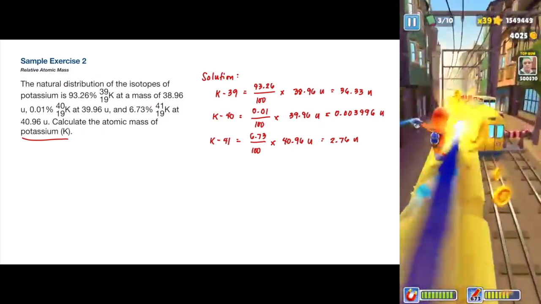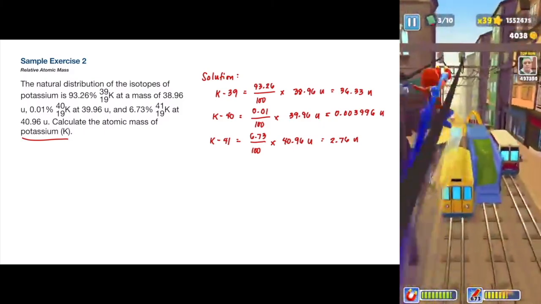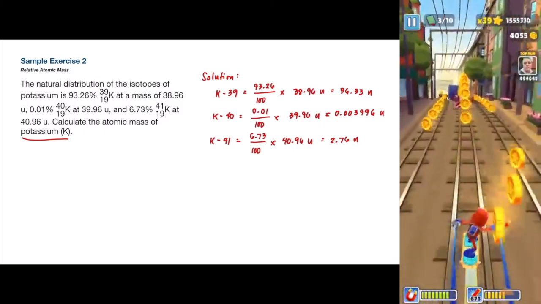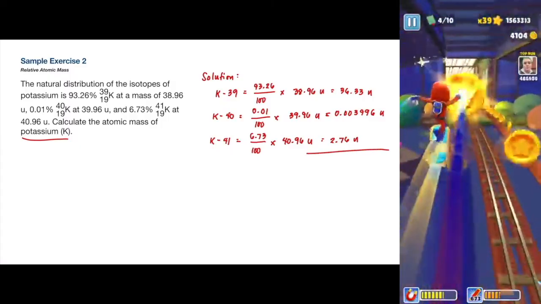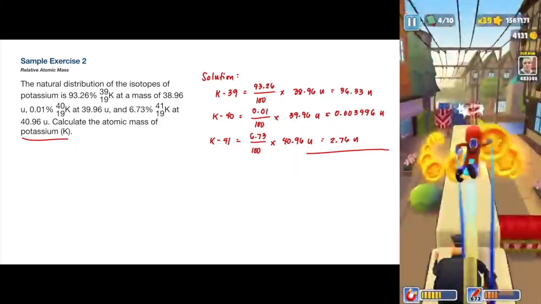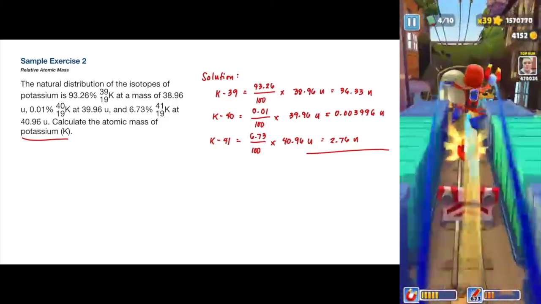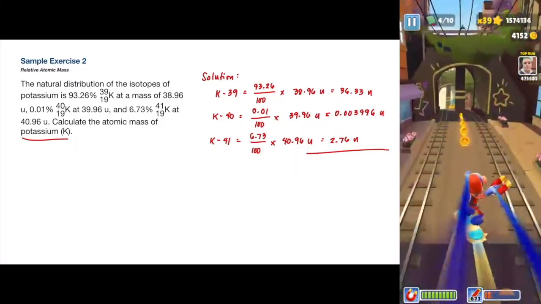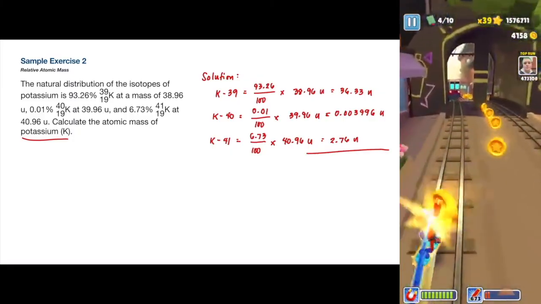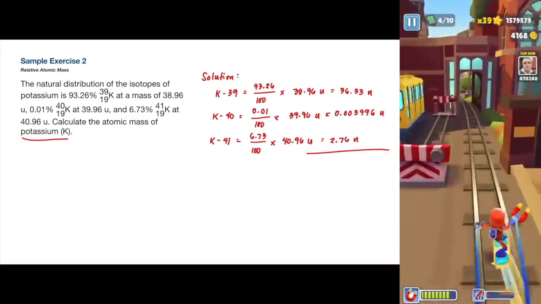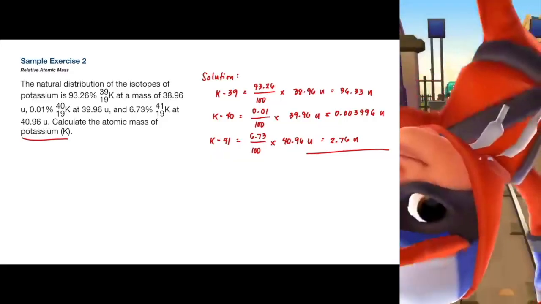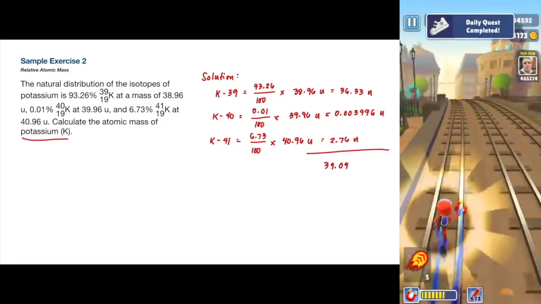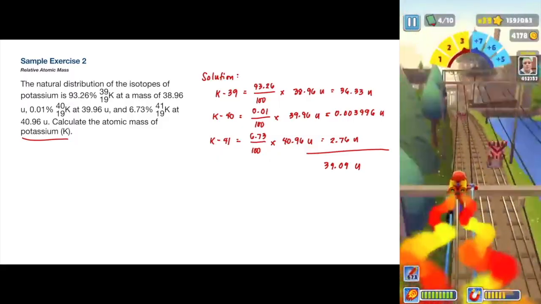Now that we have solved the products of fractional abundance and the mass of each isotope, we will solve for the sum of the products. So 36.33 plus 0.003996 plus 2.76 is equal to 39.09 units.